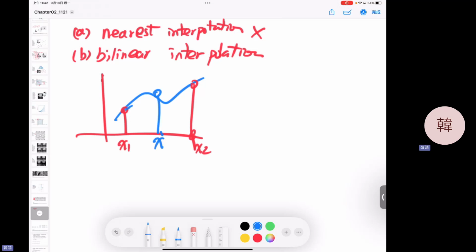So what's the value here? It depends on the distance, your different weighting. So you are going to interpolate one single pixel value here. This is the function value. Can you tell me what's the value for x? How do you do that one?